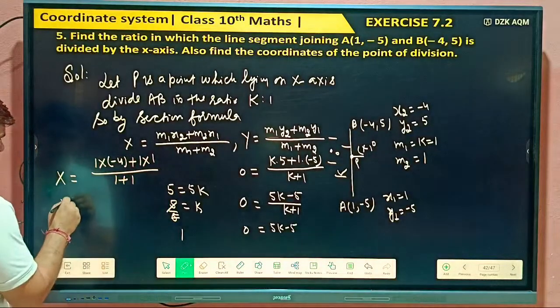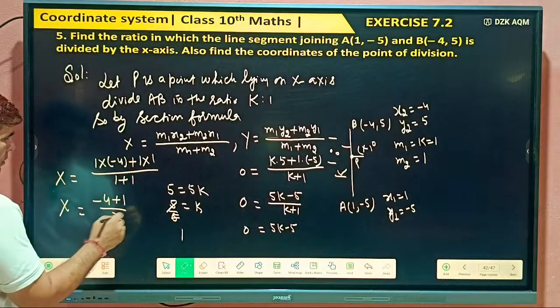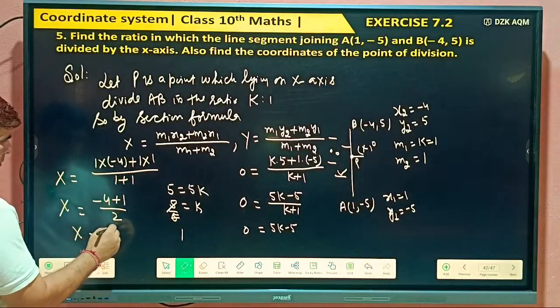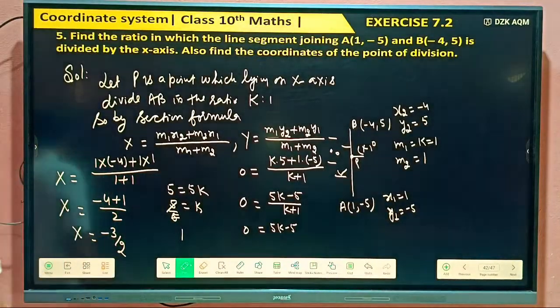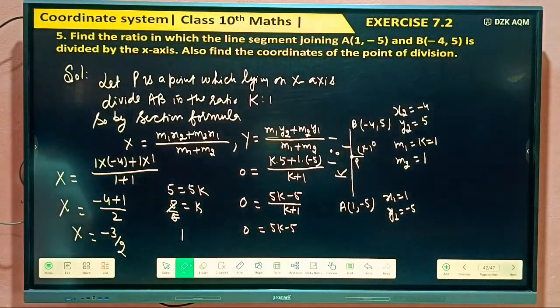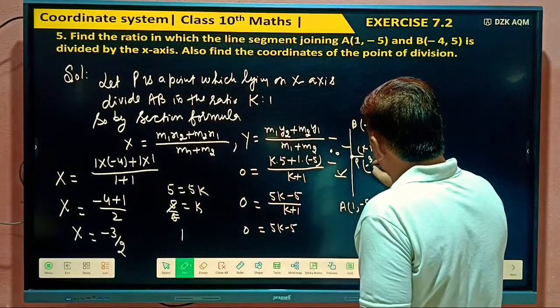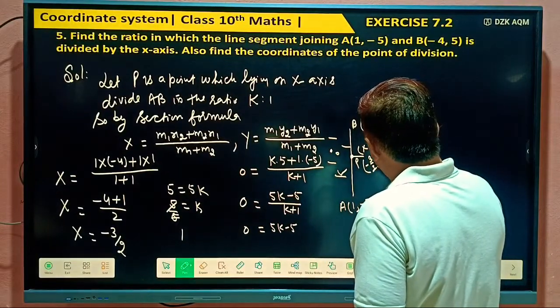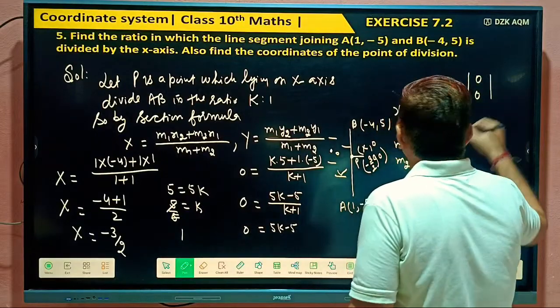So x is equal to minus 4 plus 1 by 2. So x is equal to minus 3 by 2. So what are the coordinates of this point? Minus 3 by 2 and 0. Divided in which ratio? 1 is to 1.